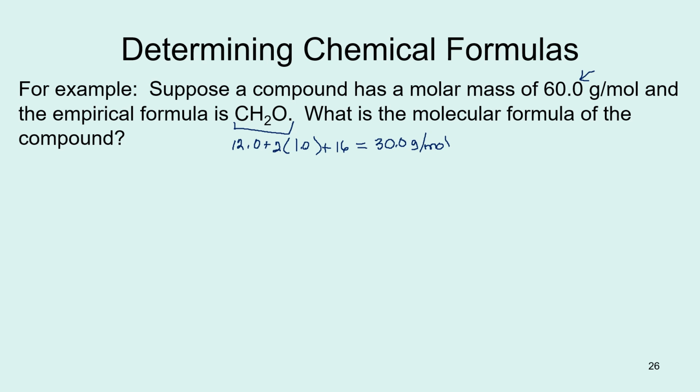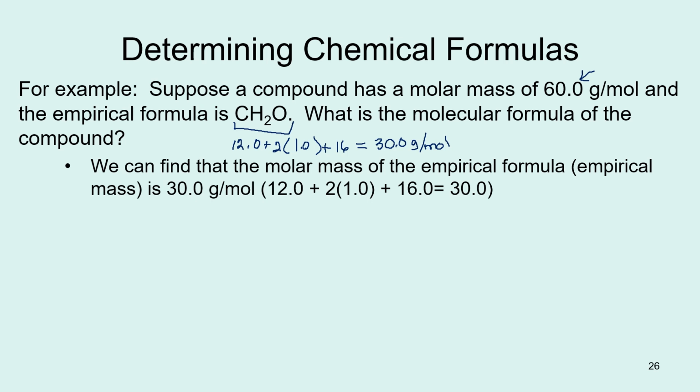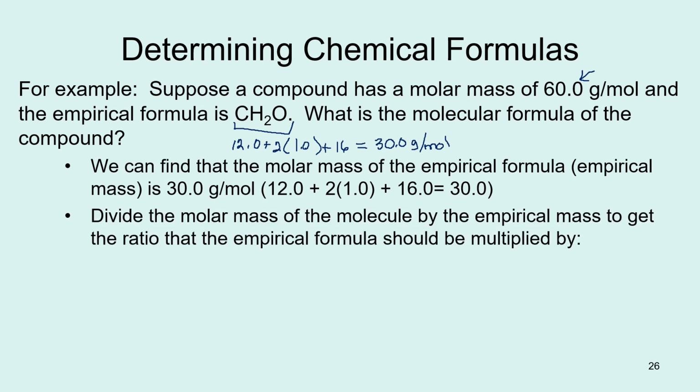But if you don't know, you can actually take the bigger one divided by the smaller one. So there's my 30 grams per mole. Take the molecule divided by the empirical. 60 divided by 30 is 2.